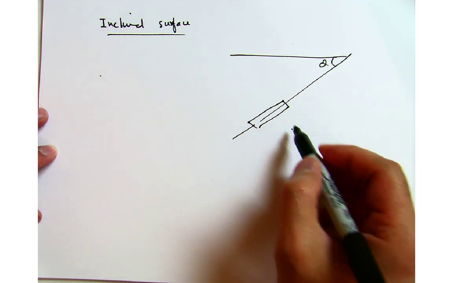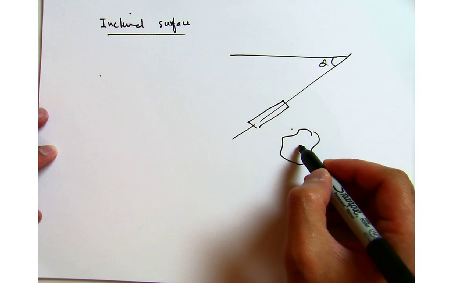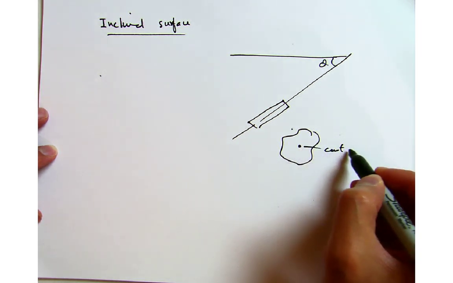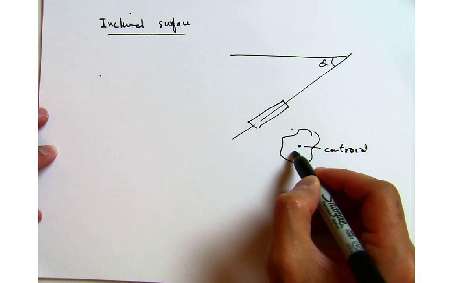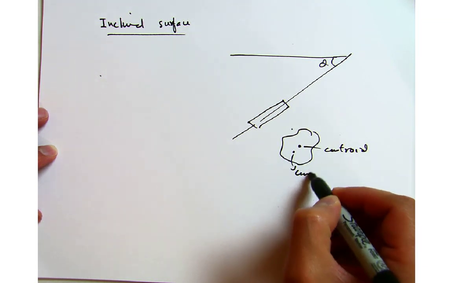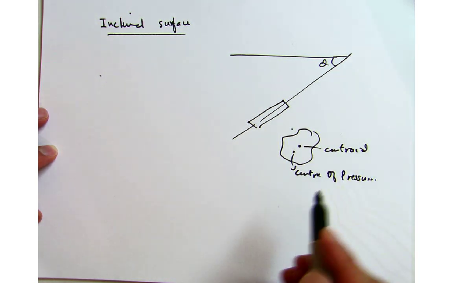Again the gate can be of any shape right now, so I just take a random shape, and somewhere over here we have the centroid, and down below the centroid we have the center of pressure. Center of pressure is where this resultant force actually will be acting.